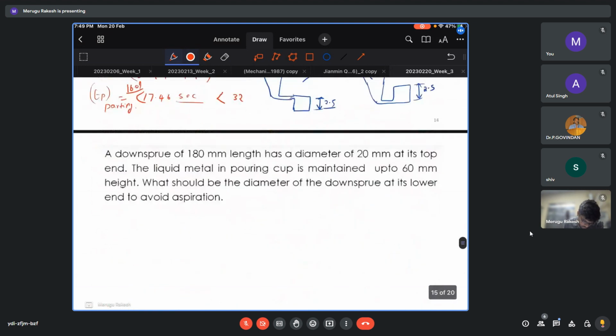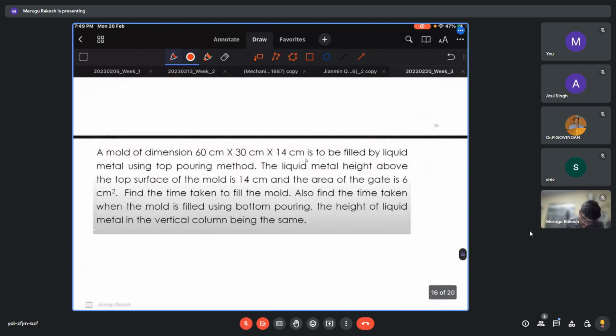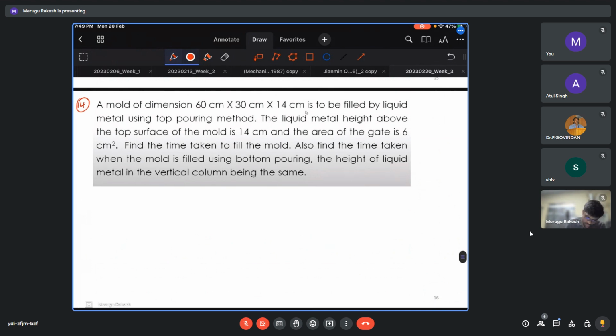This is question number 12. This is 14. So we don't need to draw the diagram as well in this question.